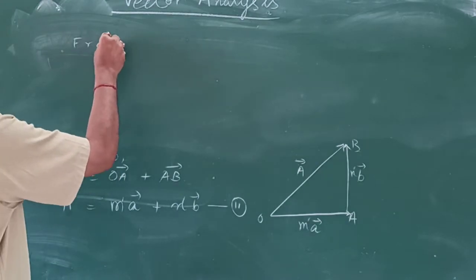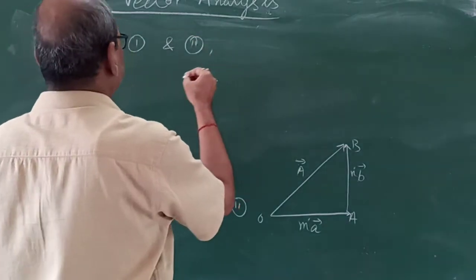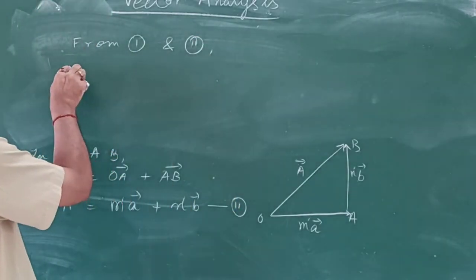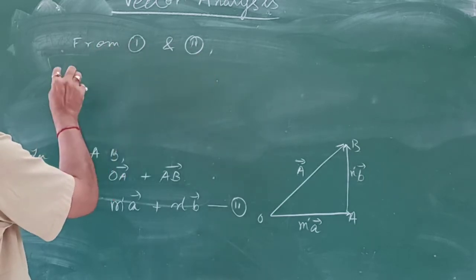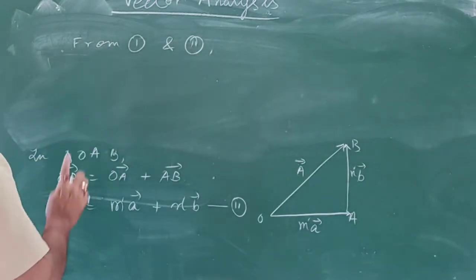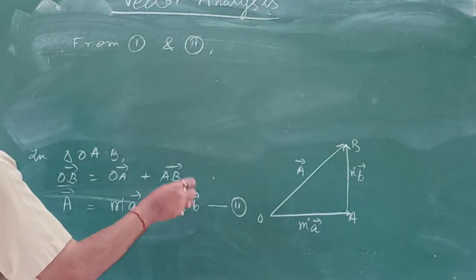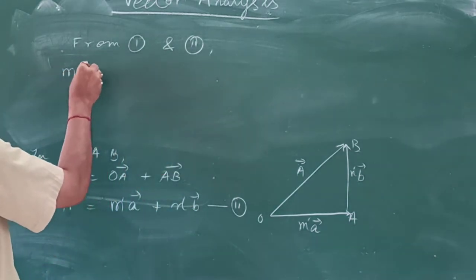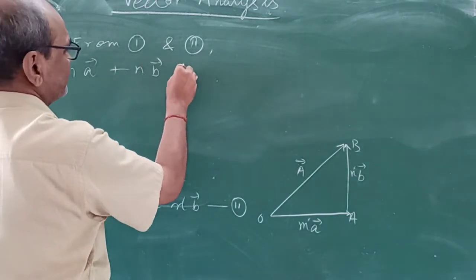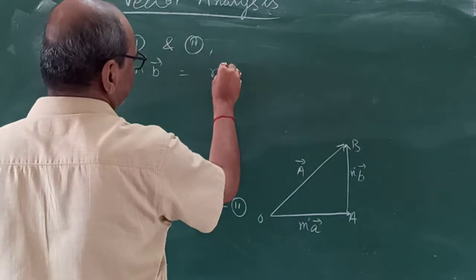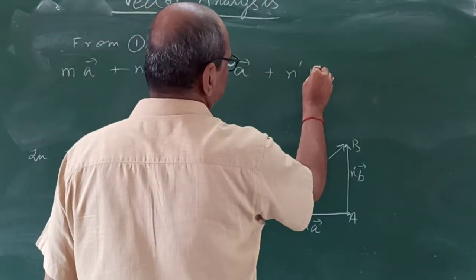From equation 1, vector A is equal to m times a plus n times b, and from equation 2, vector A is equal to m dash times a plus n dash times b. Therefore, m a plus n b is equal to m dash a plus n dash b.